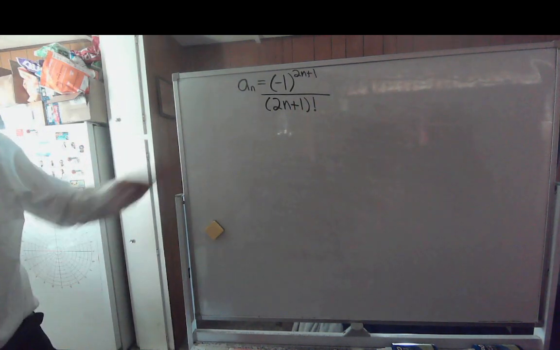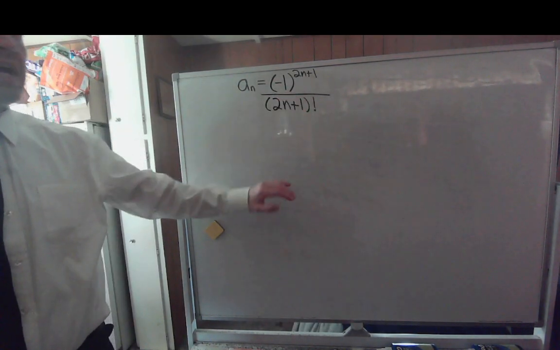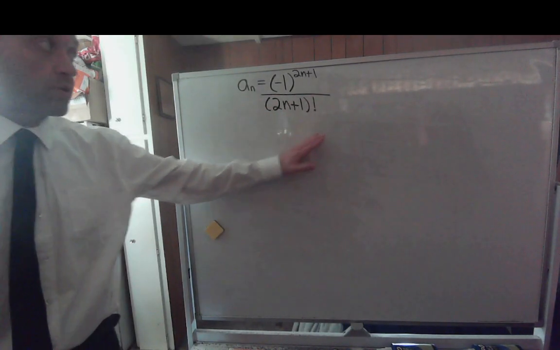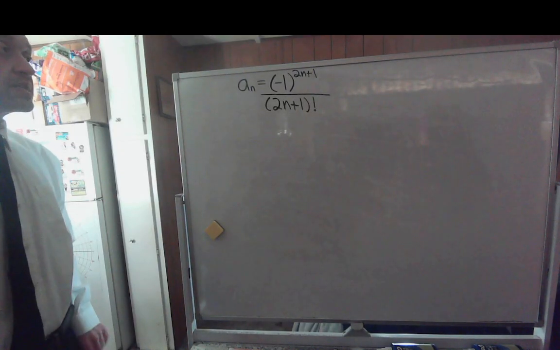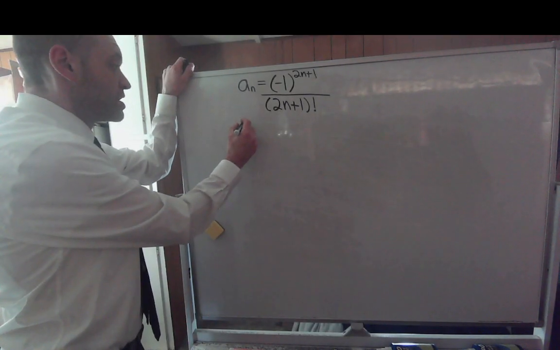So I have the term for a sequence here, -1 to the 2n plus 1 power, that quantity all over 2n plus 1 factorial. And I would like to find the third term.